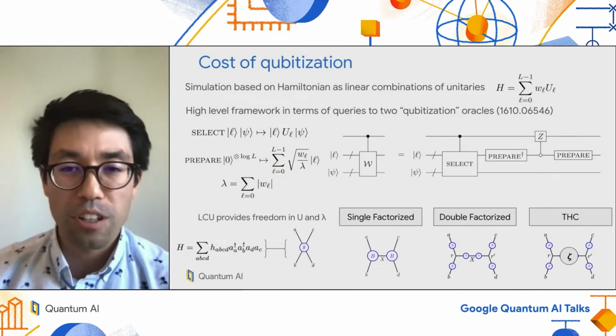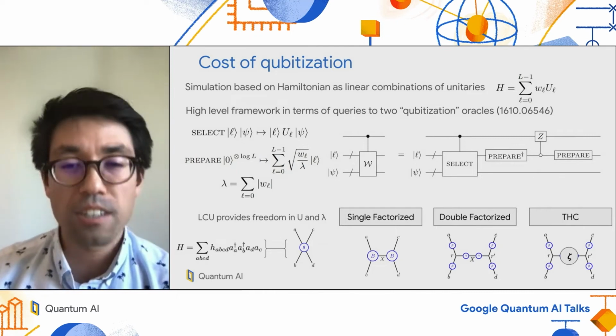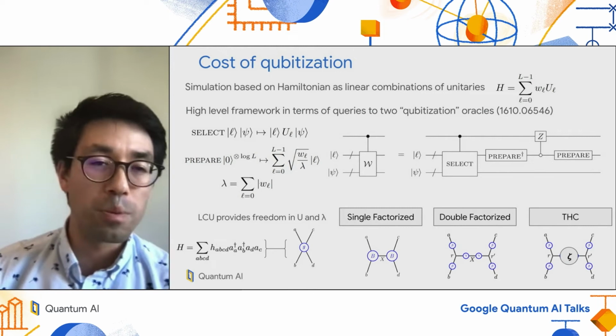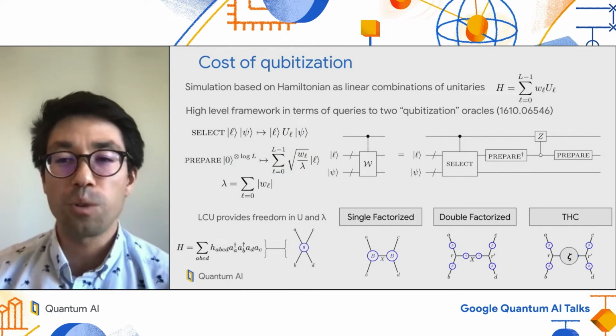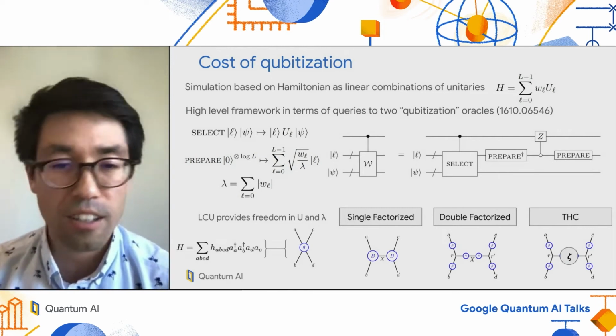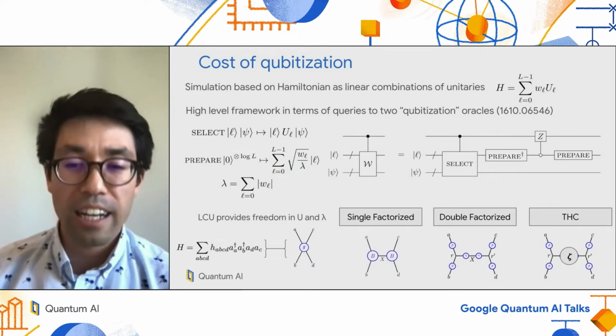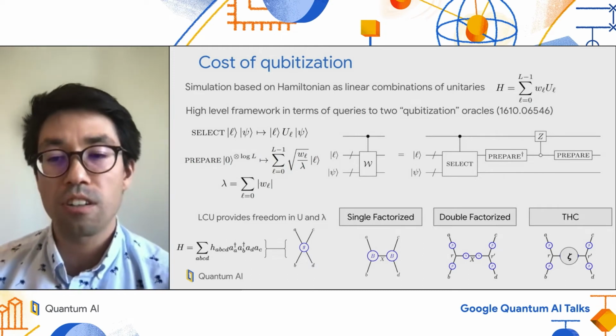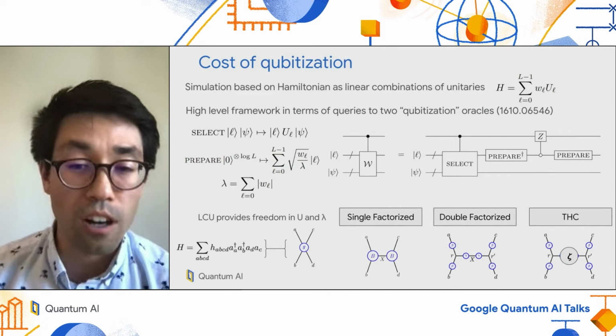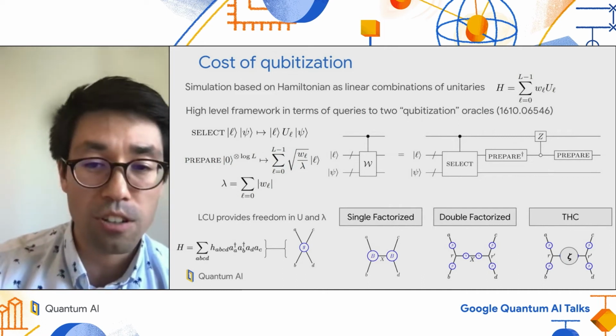So given the Hamiltonian represented as L unitaries, prepare builds some superposition on log L ancilla with amplitudes proportional to the weights in your LCU. And select takes as an input the ancilla register and applies U to the target state register.